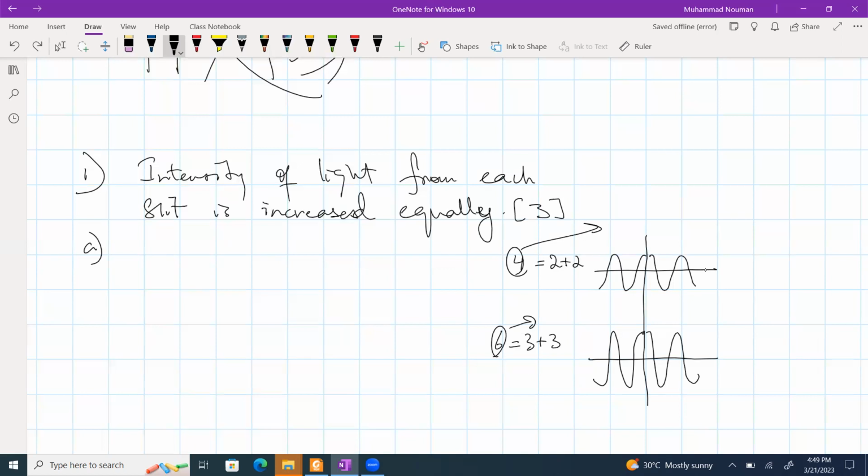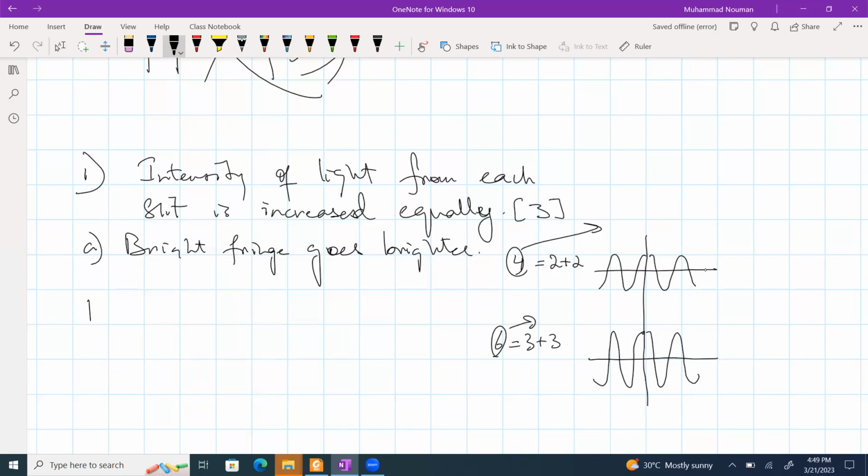The bright fringe that was looking bright, definitely, but it will go further brighter. So you can say bright fringe goes brighter. Okay, so this is the first point.